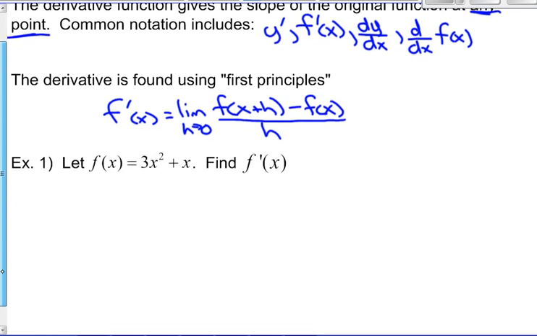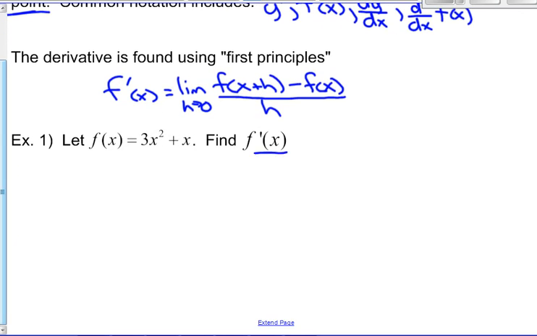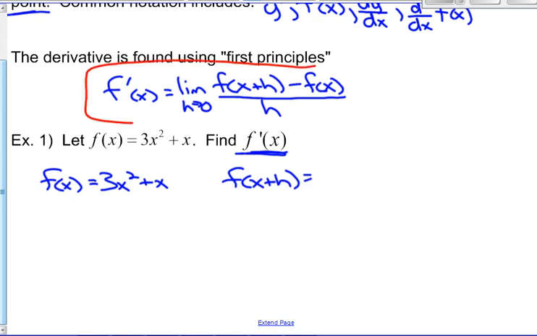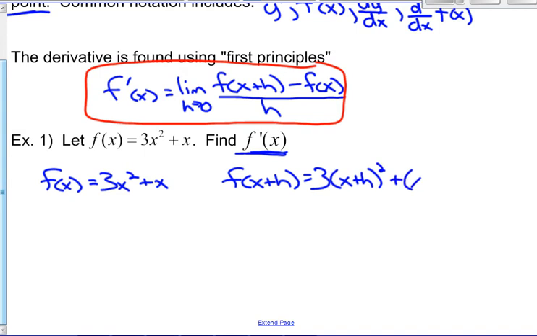If we've got that and we want to find f prime for this specific function in example 1 by first principles, then we've got to know a couple of things. We've got to know, first of all, what f of x is. That's no problem. And we need to know what f of x plus h is in order to be able to sub it in to this. So f of x plus h is going to be 3(x plus h) all squared plus x plus h.